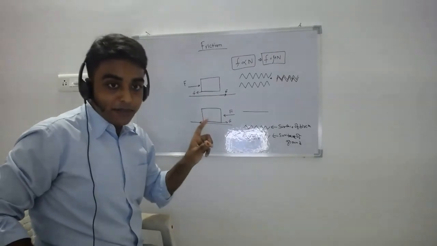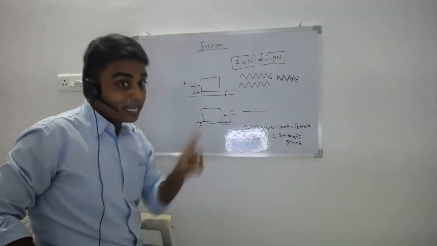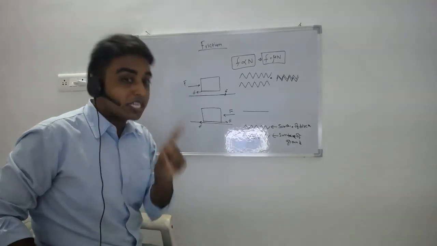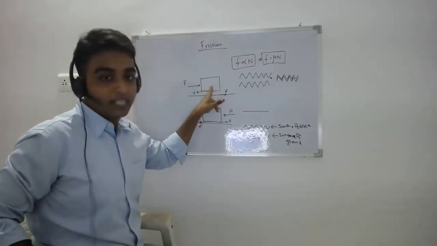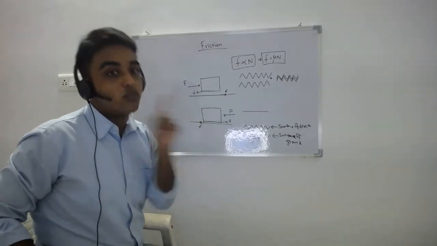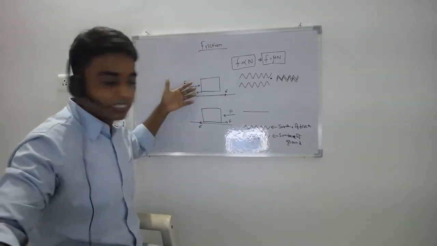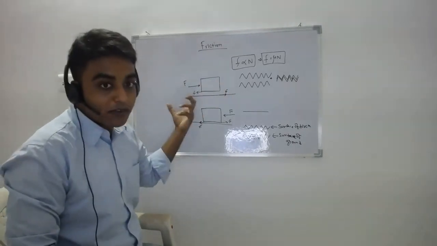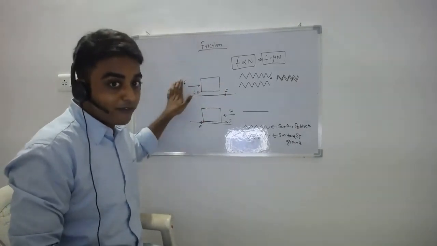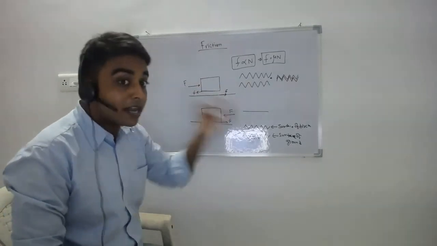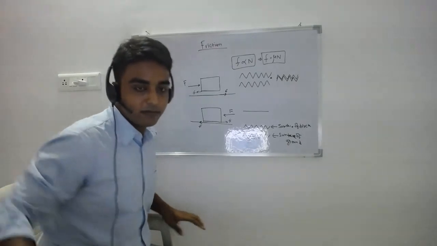In that case, we are applying force, but still the block is not moving, which means friction is active. Because acceleration is zero when net force is zero. So when we are applying force F in this direction and the block is not moving, this F force is balanced by another force, and that other force is nothing but friction.